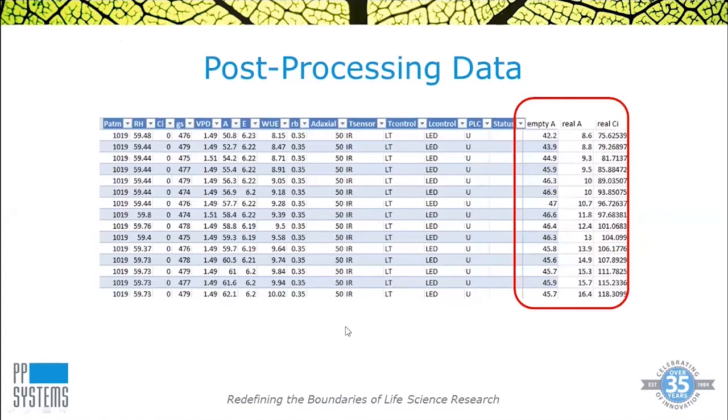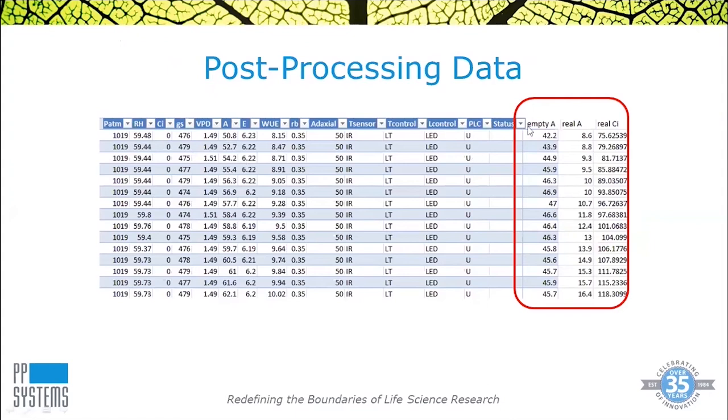Post-processing the data. This is just an excerpt from the standard output Excel data file, and you can see in this case, with a leaf in the chamber, you get nonsense under the Ci values, and actually the assimilation rates are ridiculous also.